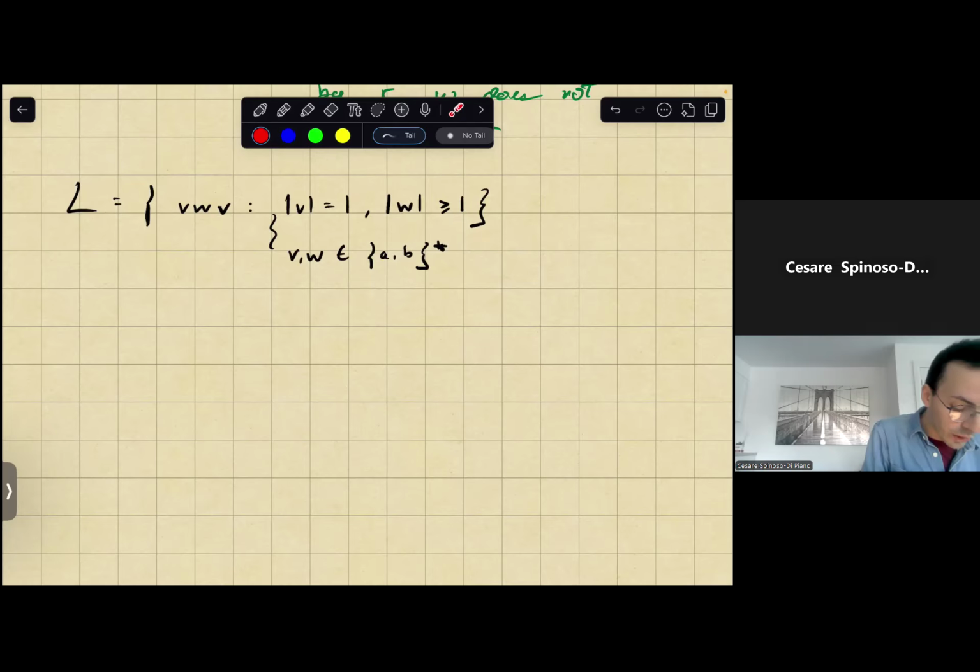In particular, V should be a string of size 1, and W should be a string of size at least 1. So V is exactly 1, and W is at least 1.